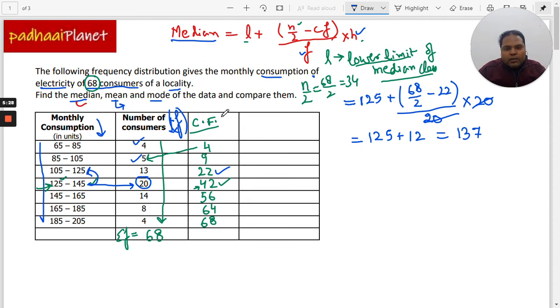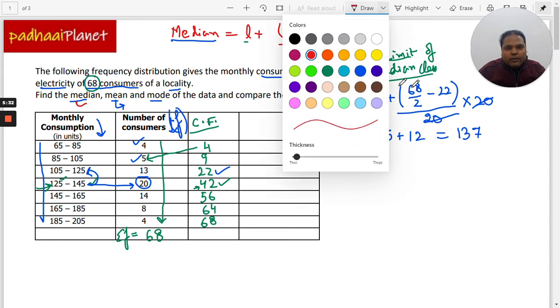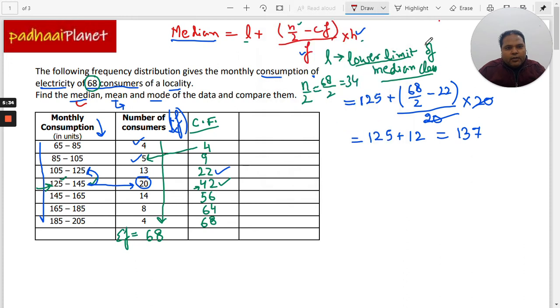Now we will find the mean. The formula for mean is sigma fx upon sigma f. We need to find the value of sigma fx, and for that we first need to find the value of x. x is the class mark, or the middle value of the class interval.